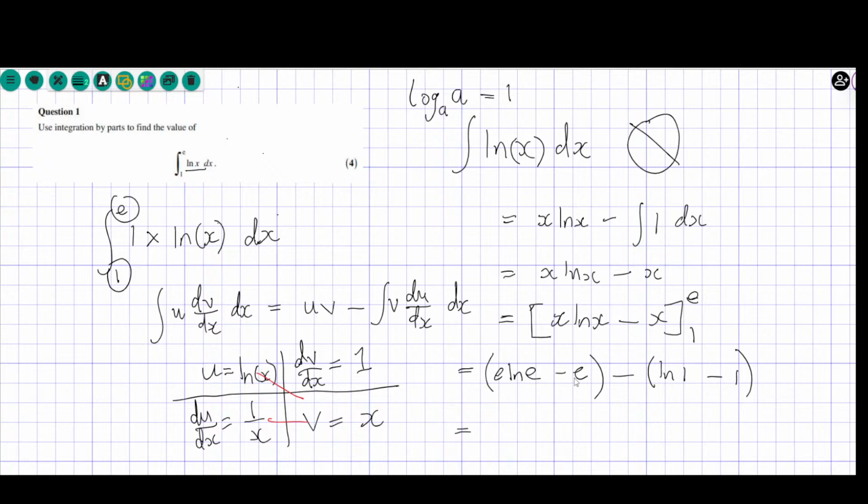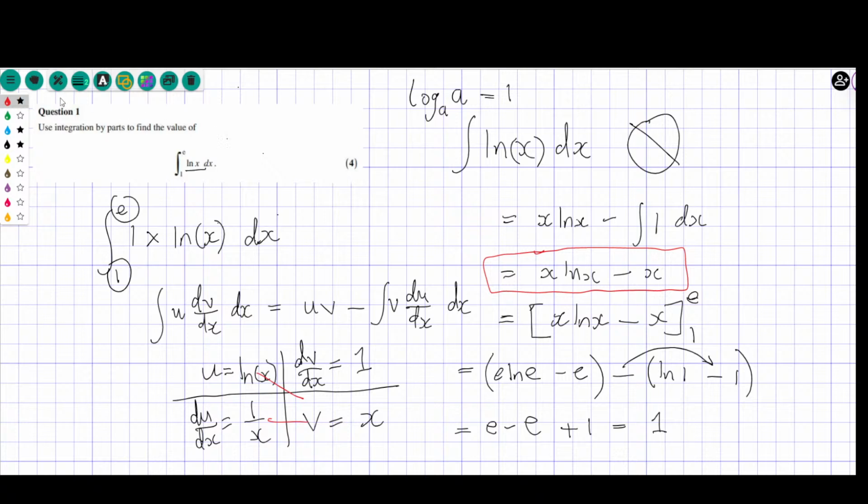So that's going to become e take away e on the right hand side, and ln of 1 is just going to become 0. It's a good result, and the negative outside the bracket is going to apply to this and turn that to a plus 1. So overall 1. That's the result for what we're looking for, putting e and 1 in. But I would say let's just take one last look at the most important result in my mind here.